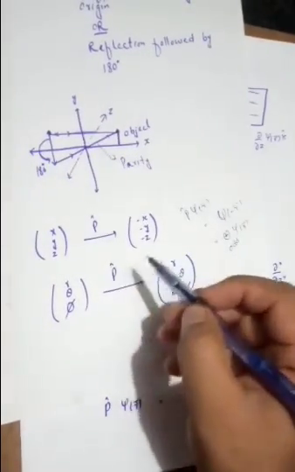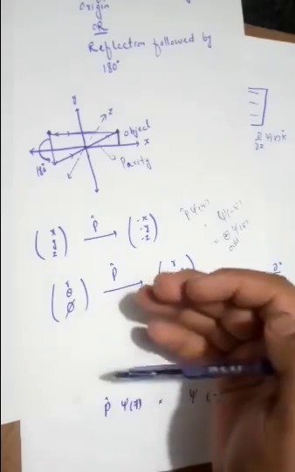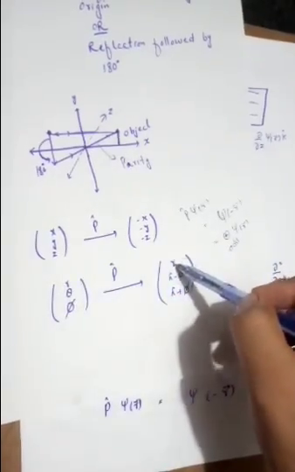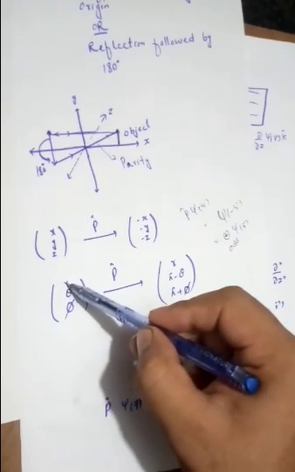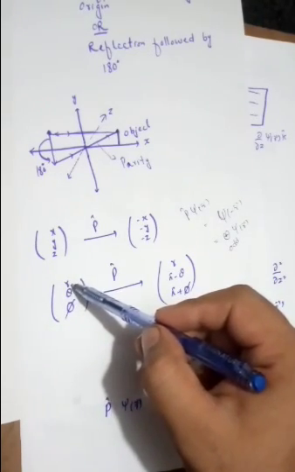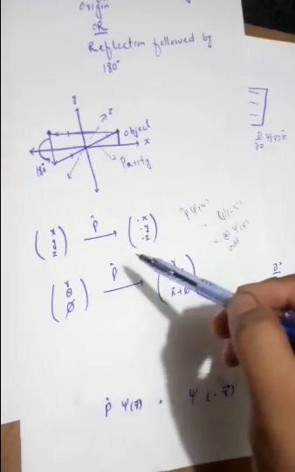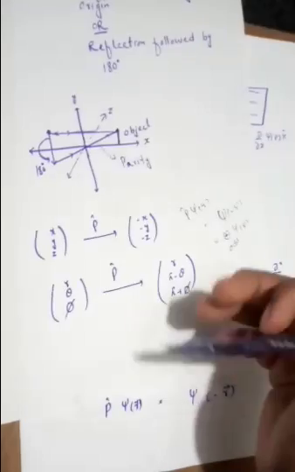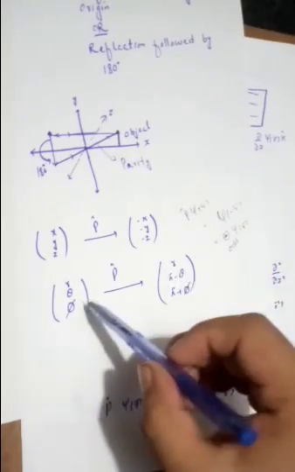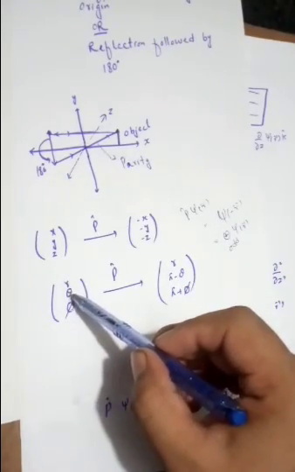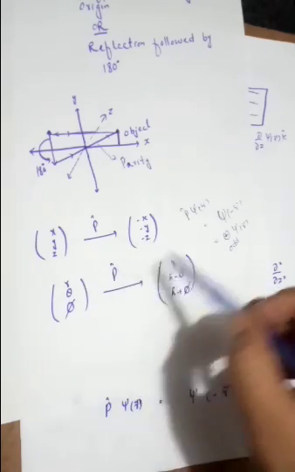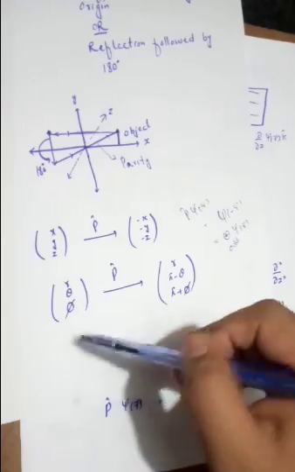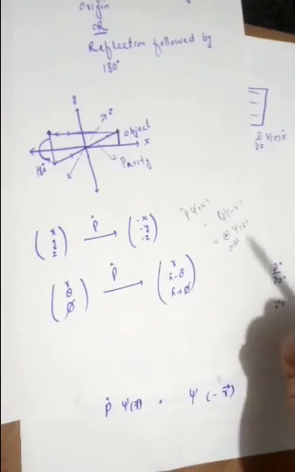So this parity operator, when it operates on the spherical polar coordinates, does not change the length r, which is the magnitude of the position vector. So it does not change the length of the vector, and it changes the direction. Theta and phi both represent the direction, azimuthal and polar direction.